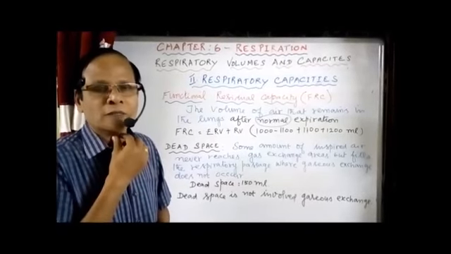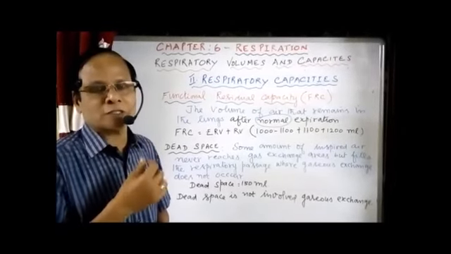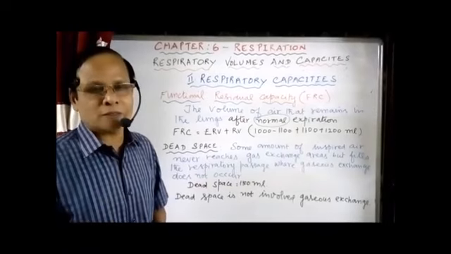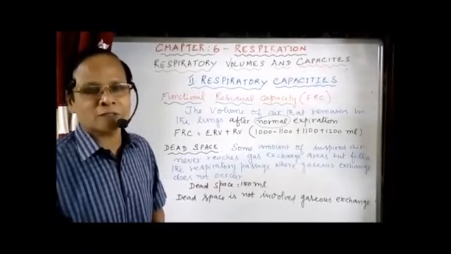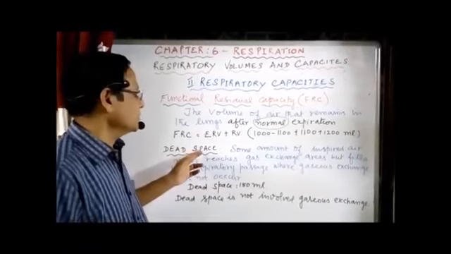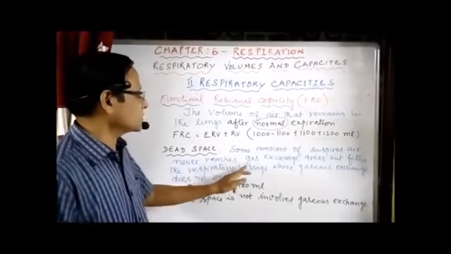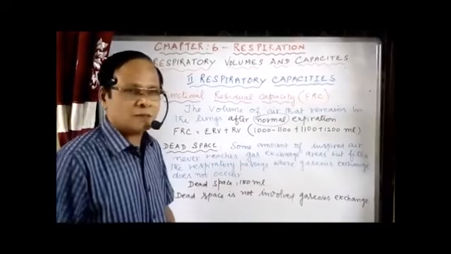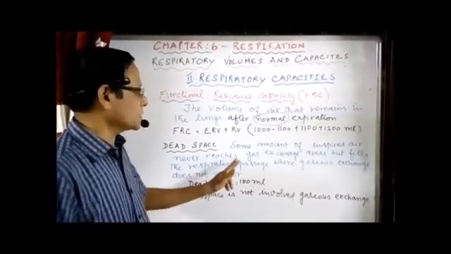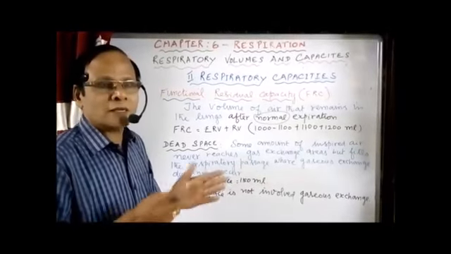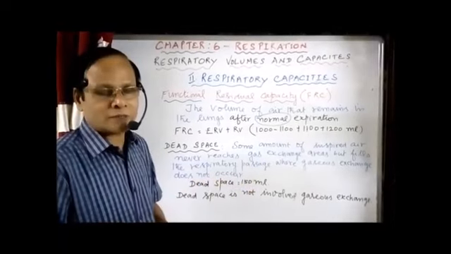So the volume of air that fills the respiratory passage, which does not take part in gaseous exchange, is called the dead space. Some amount of inspired air never reaches the gas exchange areas.